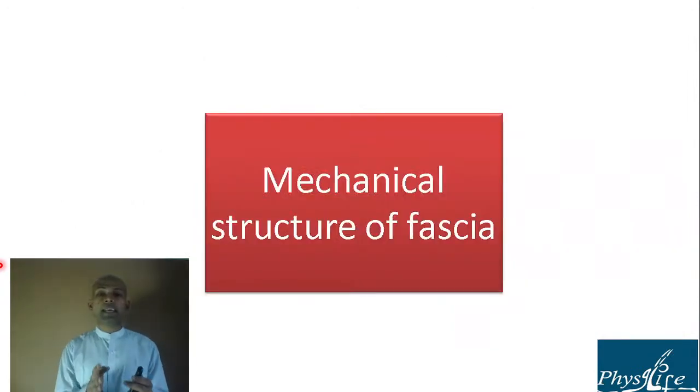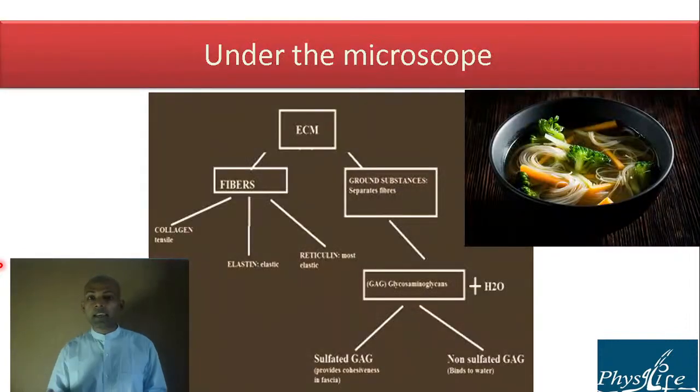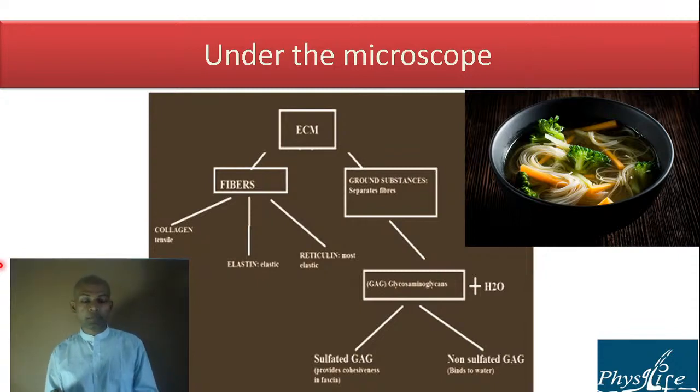So if you see the mechanical structure of the myofascia in detail, you'll have to see it as a microscopic element as well as a macroscopic element. If you see it under the microscope, the myofascia will appear as a bowl of soupy noodle, where you have the soup, the liquid part, which is the ground substance.